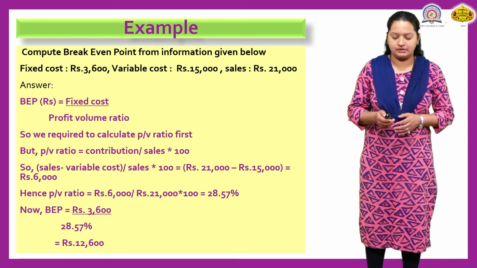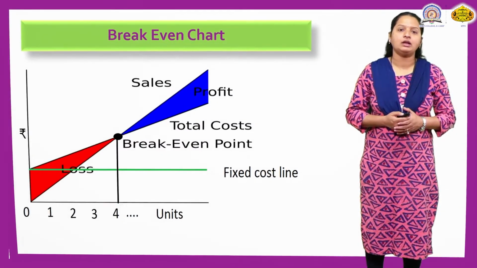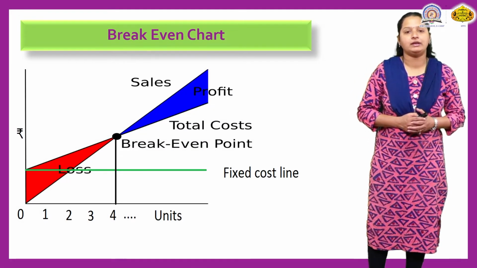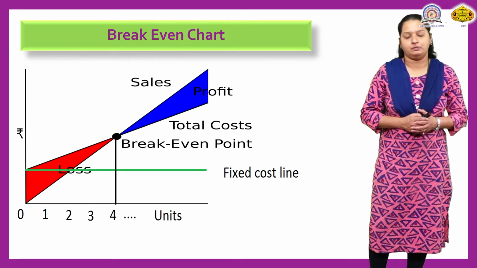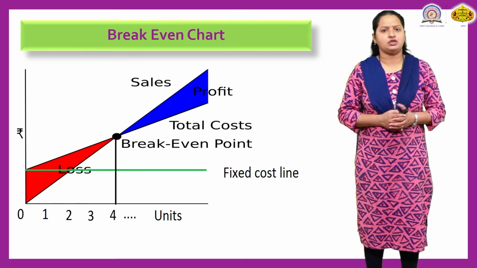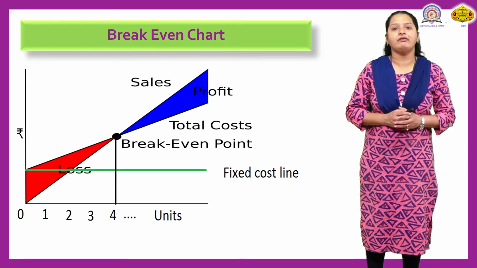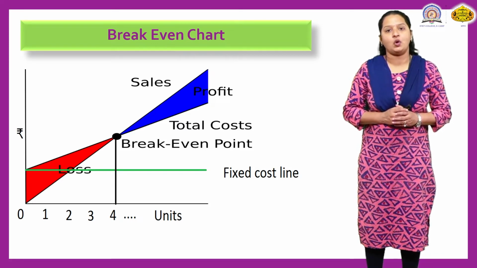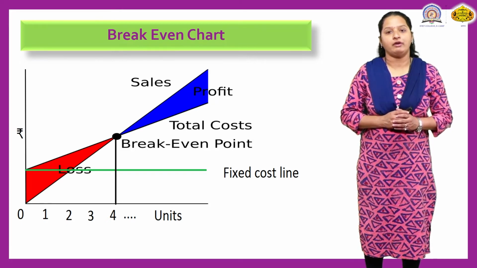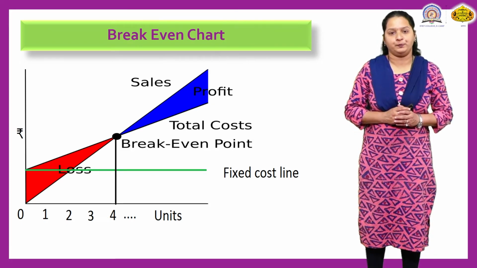Now, let us understand another concept under break-even point, that is the break-even chart. What is this break-even chart? It denotes the activity level where your total cost is equal to your total revenue or total sales.